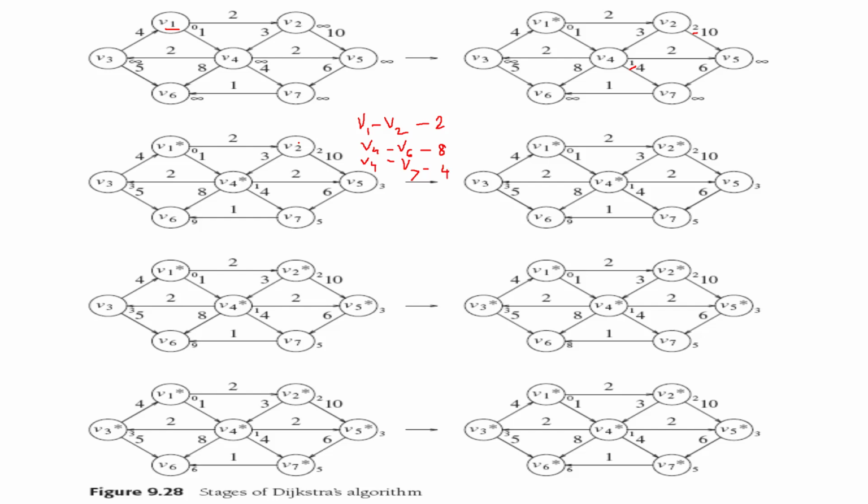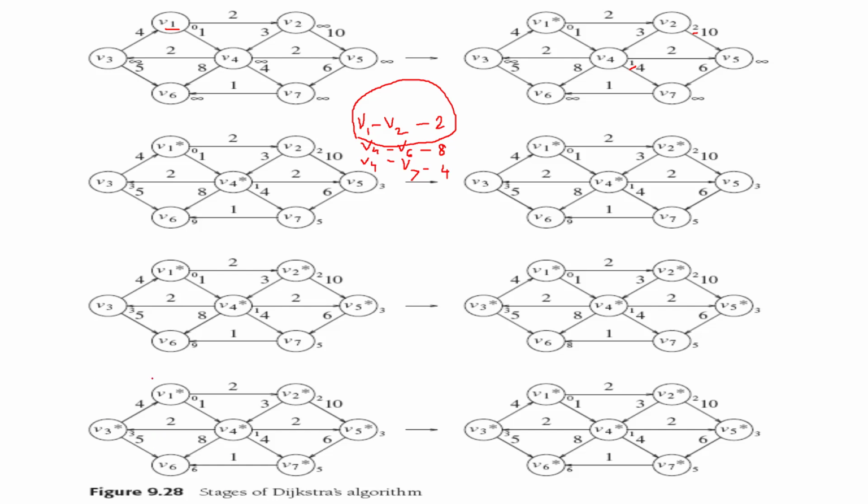Out of these we will select the minimum edge, which is v1, v2. So in the next phase v2 will be added to the cloud of vertices. Now I will consider edges going from v1 to outside, v2 to outside, and v4 to outside, and then I'm going to pick the minimum edge.